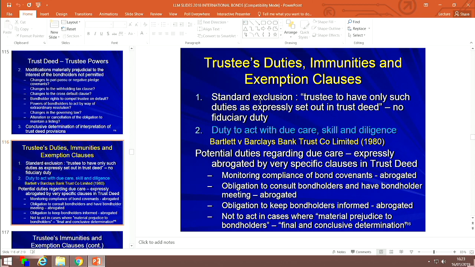Note the phrase final and conclusive determination, i.e. it cannot be questioned. So while there is an obligation not to cause material prejudice to the bondholders by the trustee's actions, if it decides, no, there is no material prejudice to the bondholders in what I'm doing, that's final and conclusive under the terms of the trust deed.